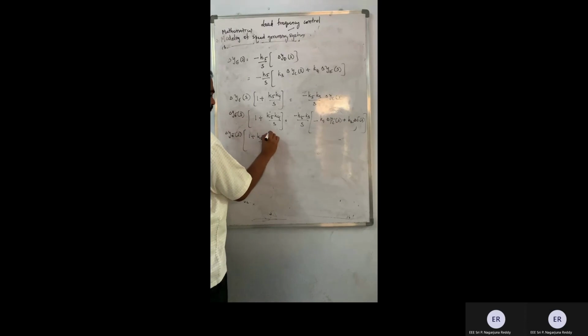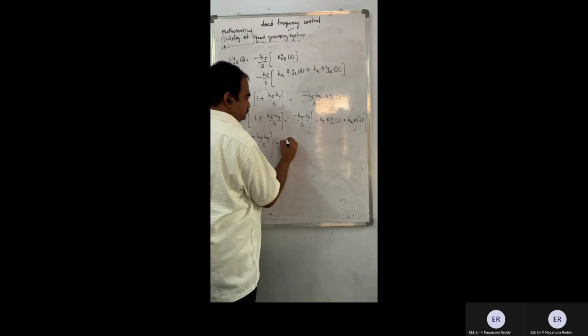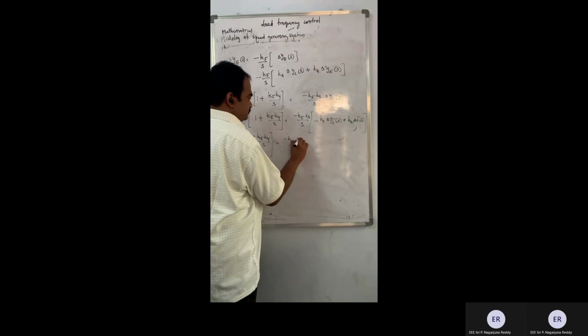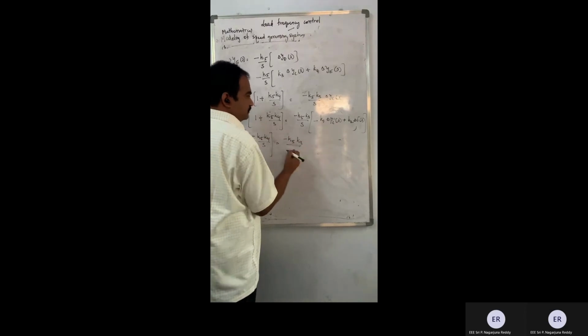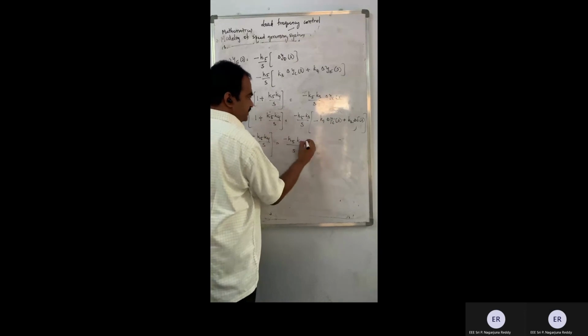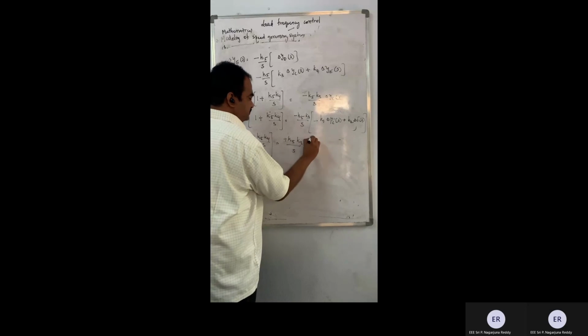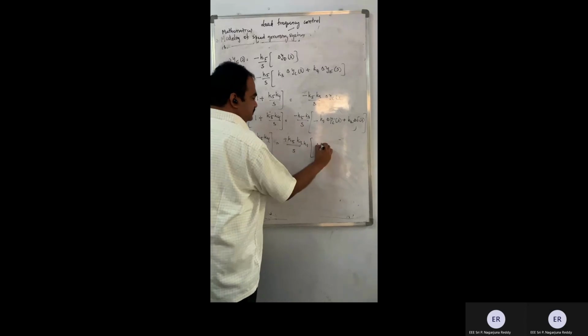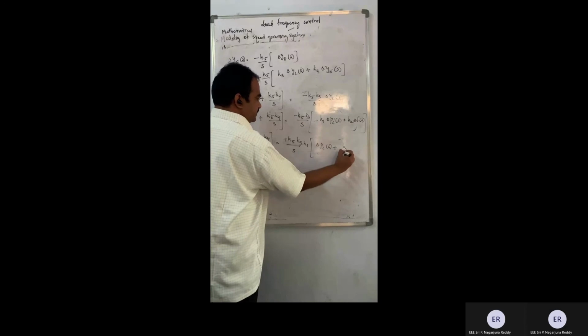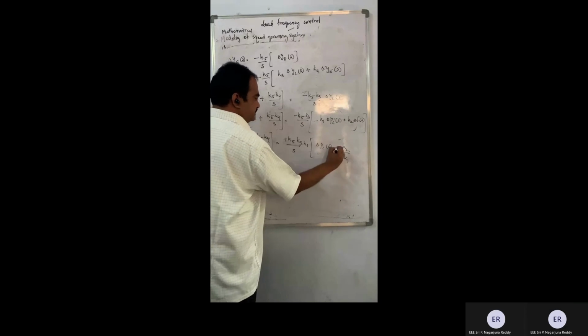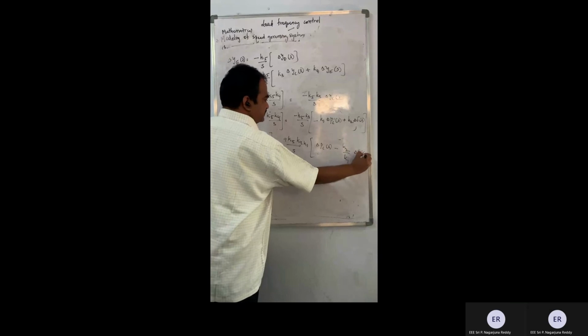Now, simplifying this one. I am going to bring this minus K1 outside, so this will become plus K1 delta Pc of s plus K2 by K1, here you will get minus, into delta f of s.